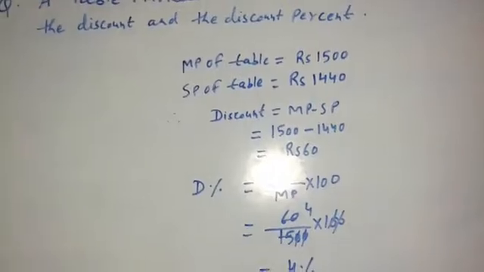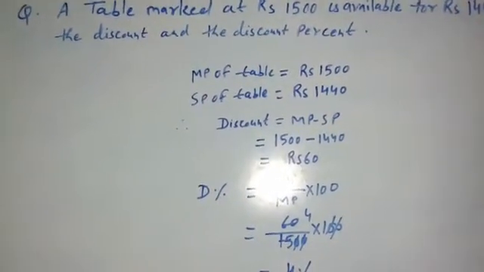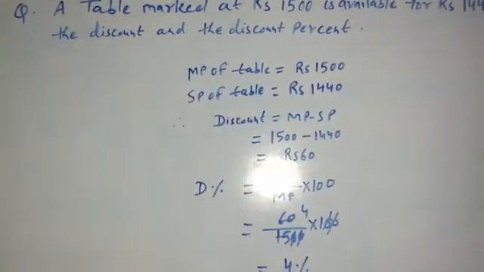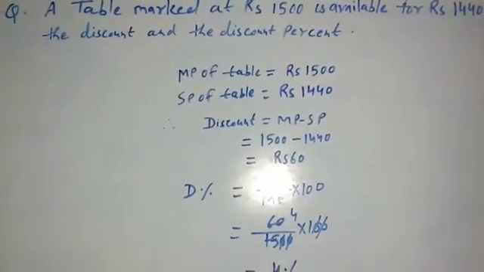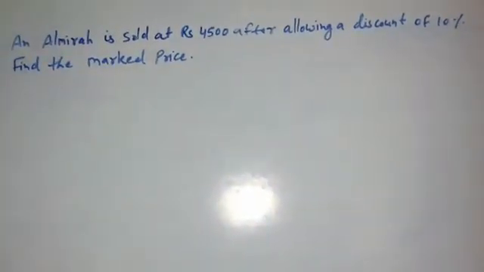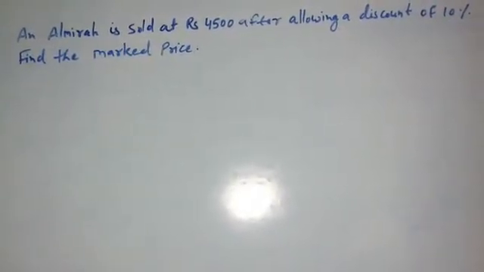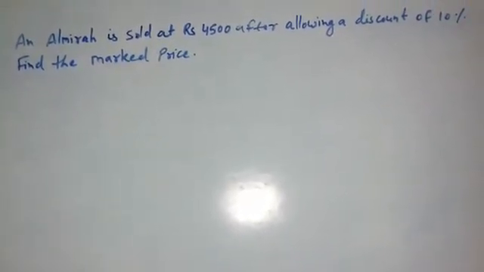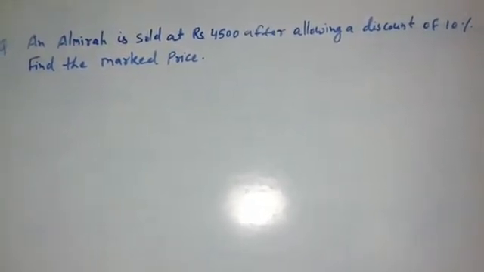Understood? Let's see one more question. How do we find the marked price when the selling price and discount percentage are given? See the question. An almirah is sold at rupees 4,500 after allowing a discount of 10%.